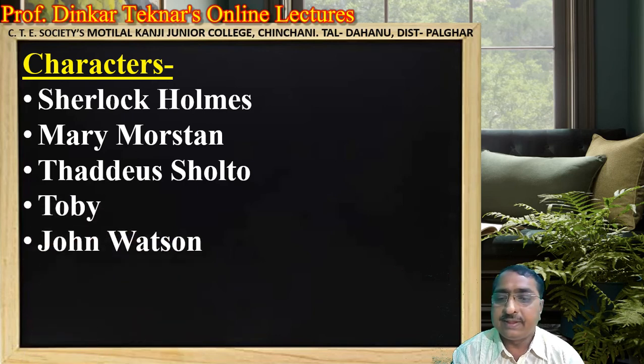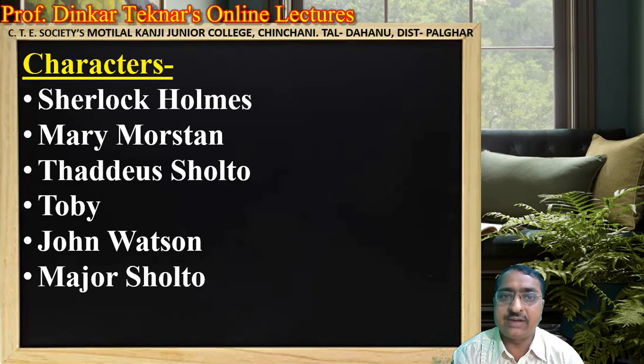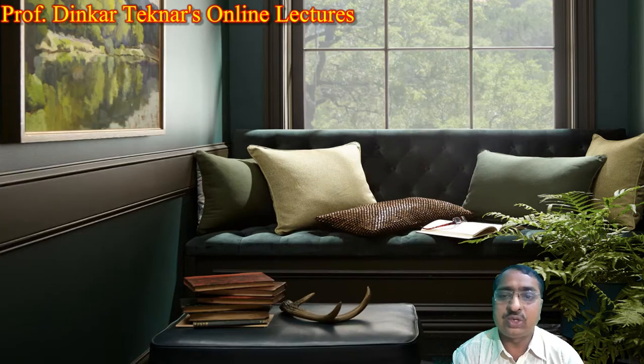Toby, John Watson, that is Dr. Watson, the friend of Sherlock Holmes. Major Sholto is also there. And Tonga, a small pygmy. We will see the detail of the story. So these are the characters, and let us go to the main story.